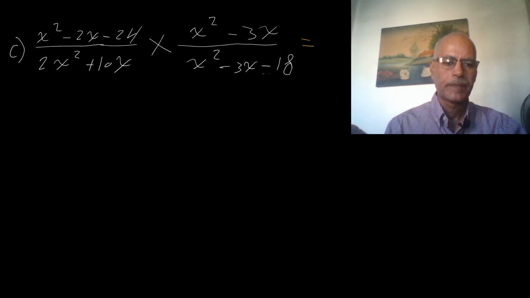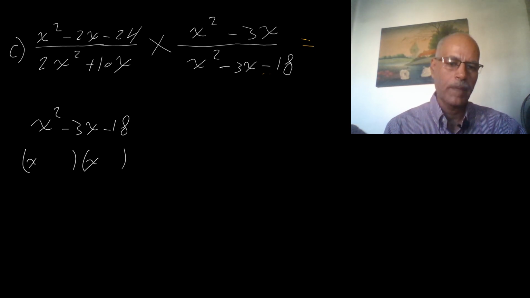Let's remember x power 2 minus 3x minus 18. How to factorize it? x squared, x and x. 18: I want two numbers that give me 18 and the difference between them is 3. Why the difference?